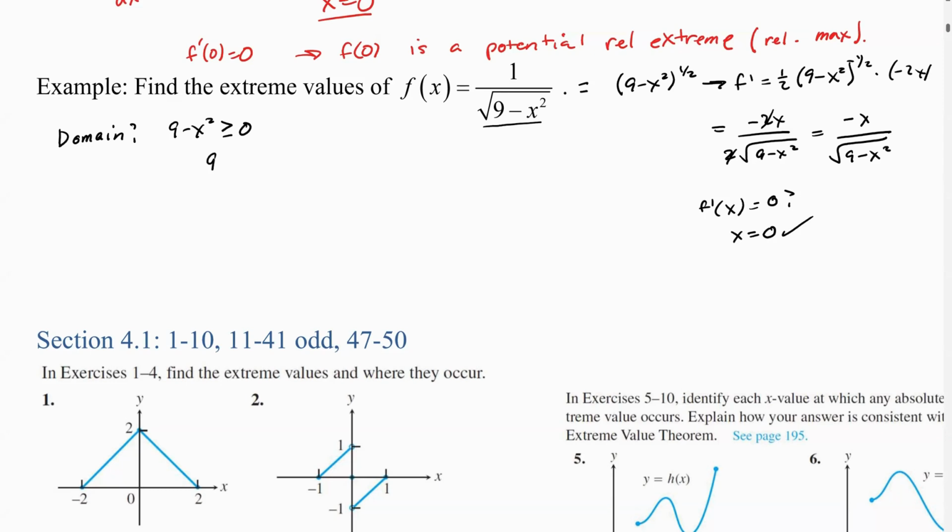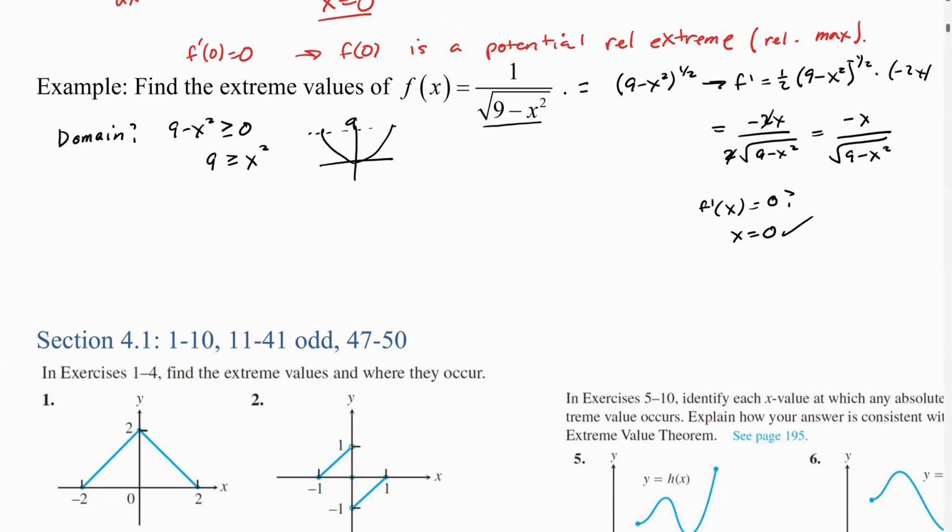Or 9 has to be greater than or equal to x squared. Okay, 9 has to be greater than or equal to x squared. So if I draw the x squared function, where does that happen?